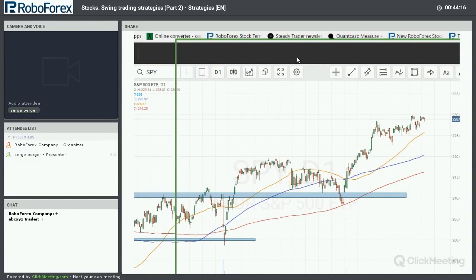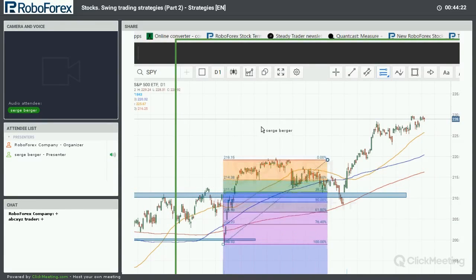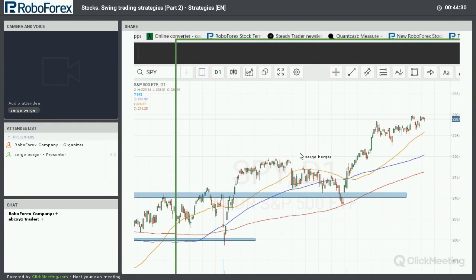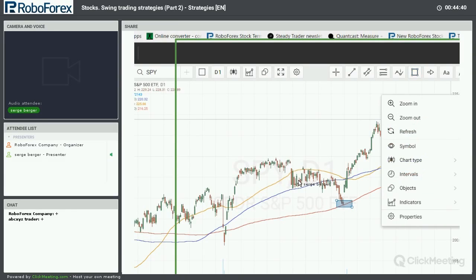And thirdly, if we draw a Fibonacci line, we take the lows here, we take it up to these highs here, we retraced 50%. So we have a really important support area that took place here with several things coming together.